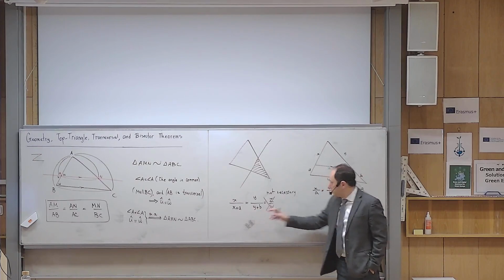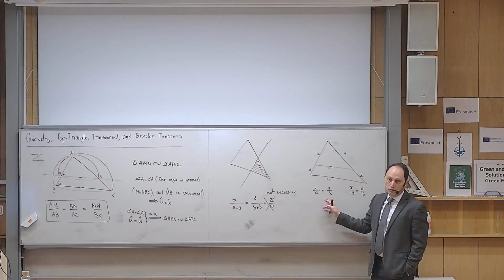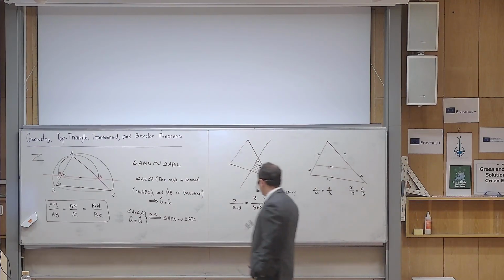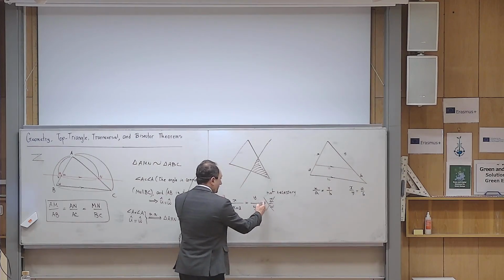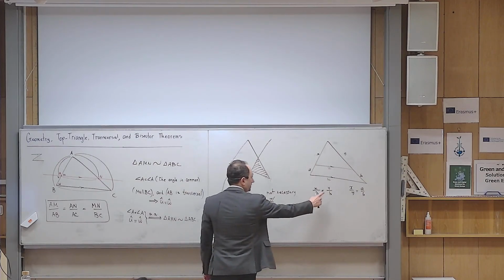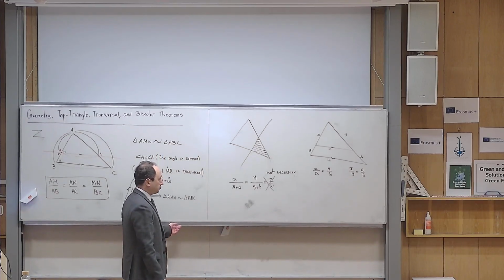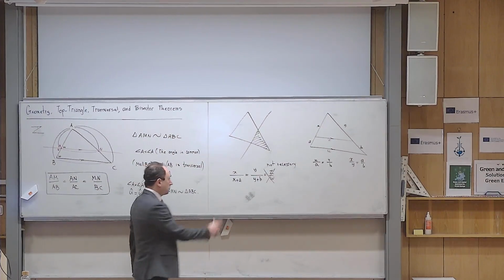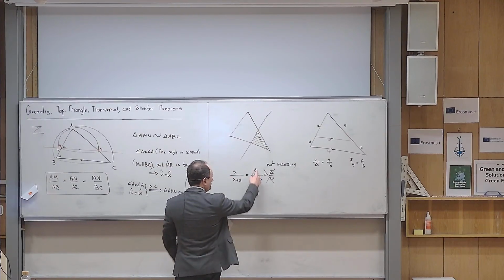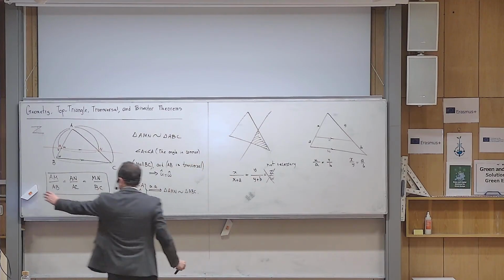But this is not what I want to show. I want to convince myself that I can go from here and show that this one is also true. What can I do for it? Yes. So I would say that, okay, this fraction is equal to this fraction. So what can I conclude?